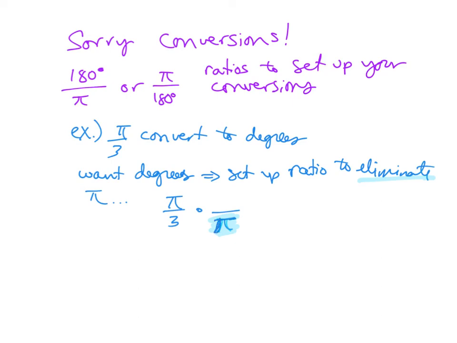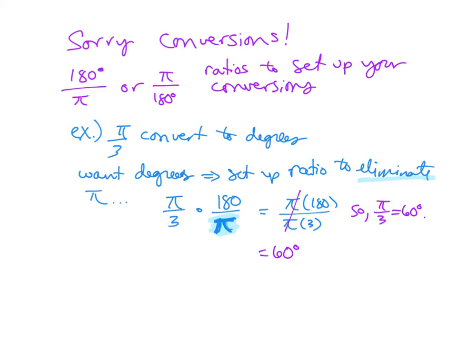Okay, so I'm going to set up pi, which means I want 180 up here. So this is why we did rationals, kind of, right? So I can rewrite this. You don't have to. And then that's 1, no matter what, right? Pi divided by pi is 1. And then this is 60 degrees. So pi over 3 equals 60 degrees, period.